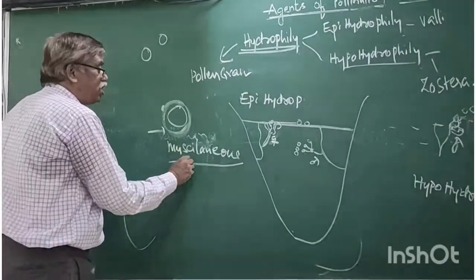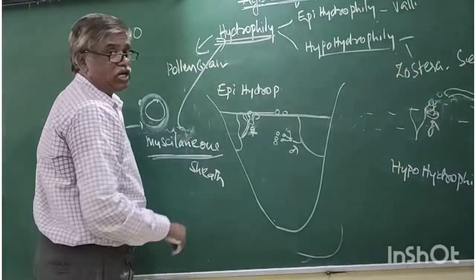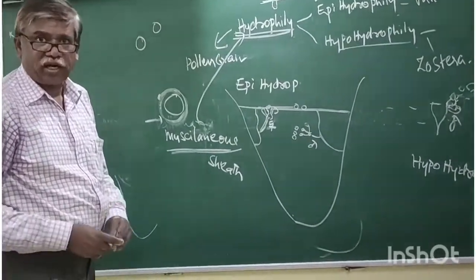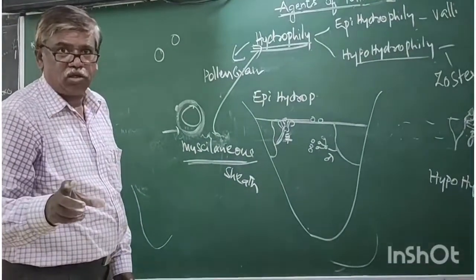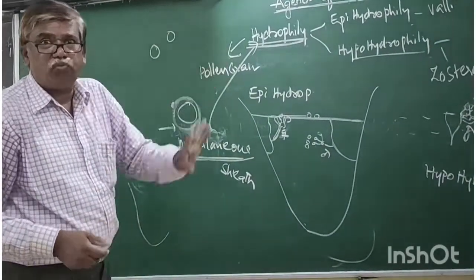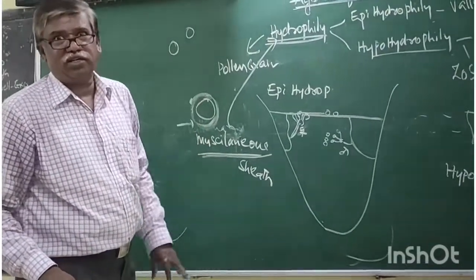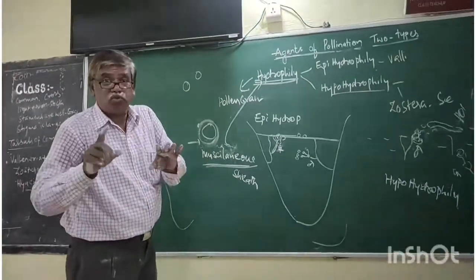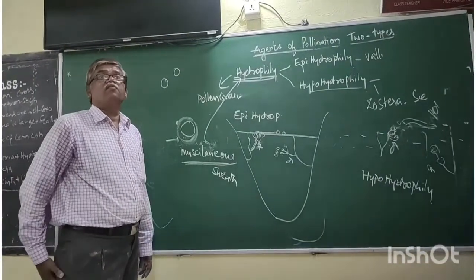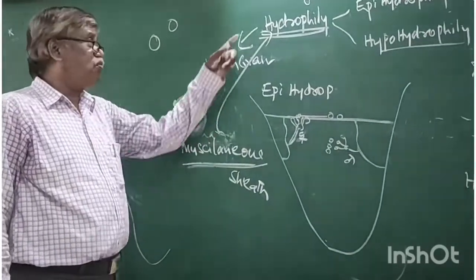The presence of the sheet is a character of hydrophilous flowers. If the sheet is absent, after a minimum duration, the surface of the pollen grain will be decomposed. That leads to the death of the pollen grain, even though it has some viability duration. So, the presence of the mucilaginous sheet is a character of hydrophilous flowers.